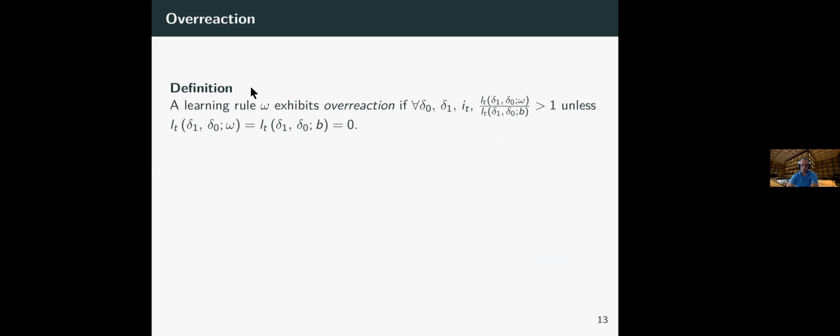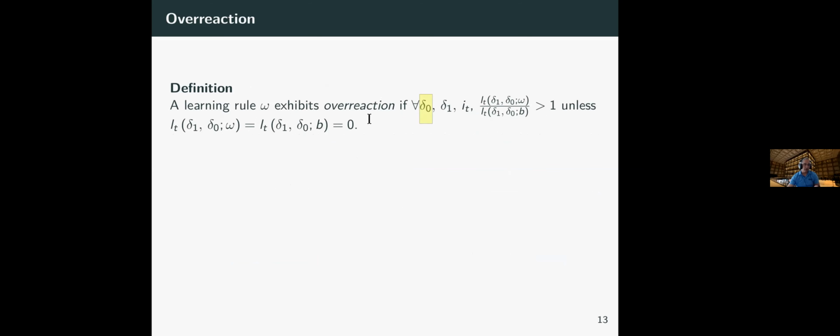So once we have learning and a learning rule, I'm gonna define overreaction. So for all hypotheses, delta 0, delta 1, and information, I'm going to say this learning rule omega exhibits overreaction if, in words rather than in math, learning has the same sign as Bayesian learning, but greater magnitude.